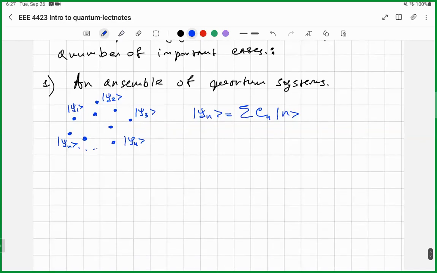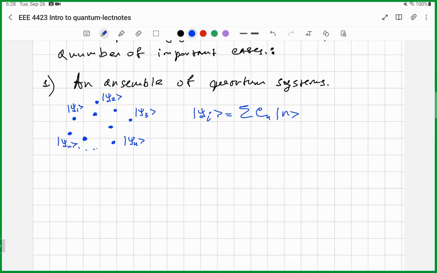That's not good notation, let's put I here. So any state psi I is given by the superposition of the basis states. But of course, since the systems are different, psi1, psi2, psi-n, etc., they are different.